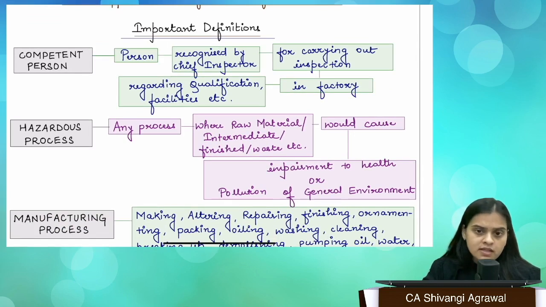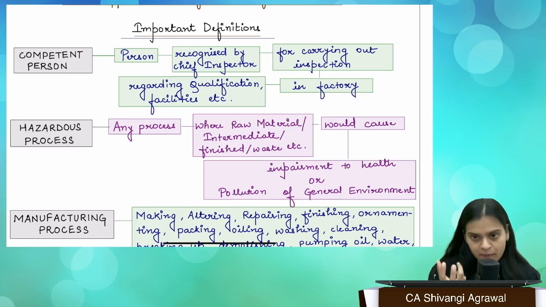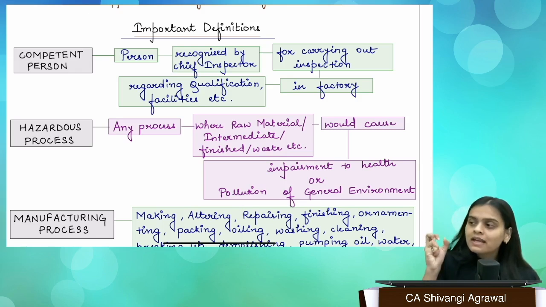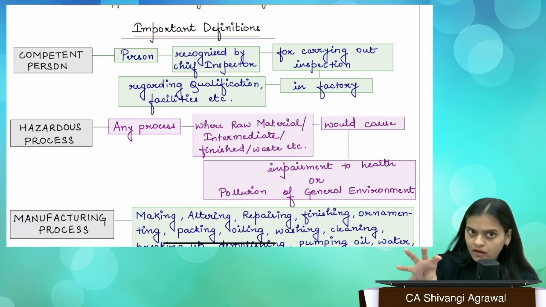The very first one is competent person. What is a competent person? A competent person is somebody who is recognized by the chief inspector. Now, he may be an individual, he may be an institution also. How do you recognize a competent person? There are a lot of things that are needed in case of a factory.